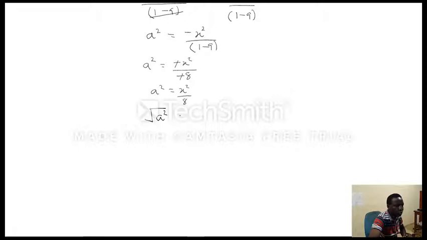So we have square root of a squared is equal to square root of x squared divided by 8, and square will cancel square root, leaving us with a is equal to, this is not a squared but rather x squared, and the square root of x squared is x over square root of 8.